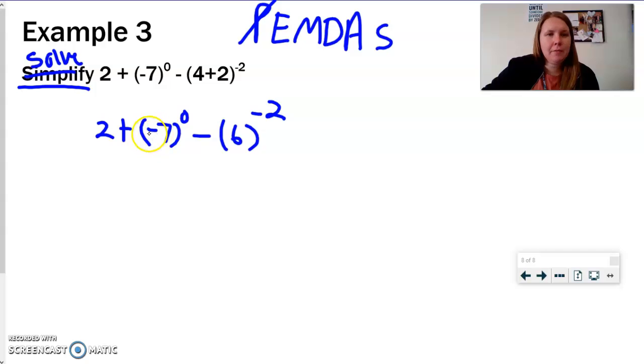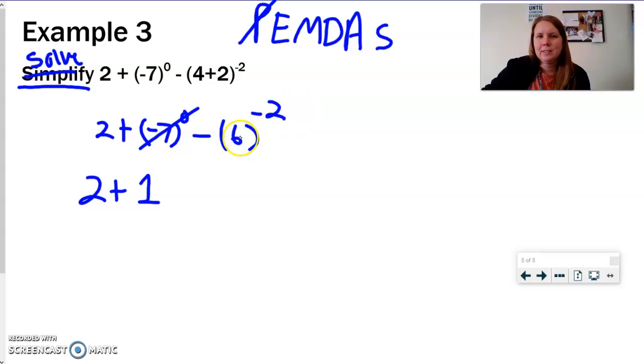Looking at my first one, I have negative 7 to the 0. And we just talked about the fact that anything to 0 is going to be equal to 1. So I'm going to have 2 plus, this is going to cancel out and just equal 1. And then I can figure out the 6 to the negative 2.